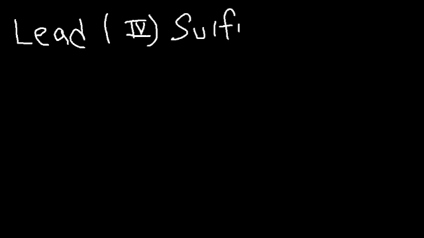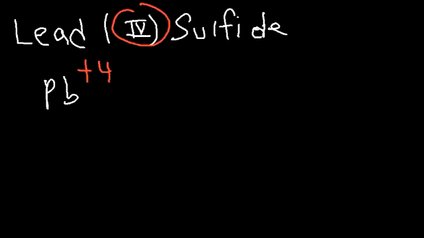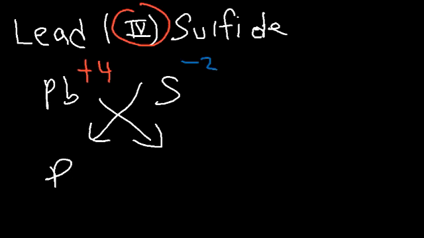Now what about this one? Lead(IV) sulfide. Feel free to pause the video and try this example. So in this particular case, the 4 tells us that lead has a +4 charge. Sulfur has a -2 charge, typically. And if we use the crisscross method, it's going to be Pb2S4.